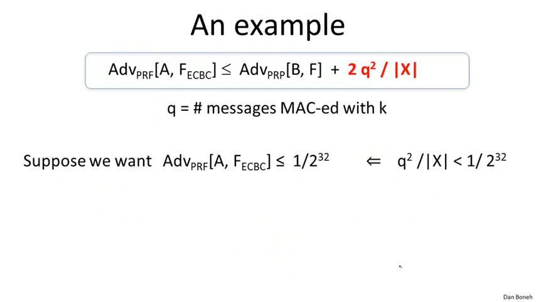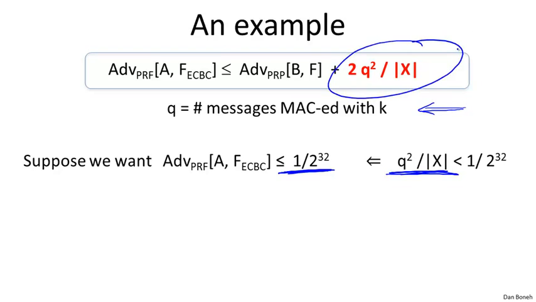And so here I stated the security theorem again for the CBC MAC. And Q here, again, is the number of messages that are MAC'd with a particular key. So suppose we want to ensure that for all adversaries, the adversary has an advantage less than 1 over 2 to the 32 in distinguishing the PRF from a truly random function. Suppose that's our goal. Well, by the security theorem, what that means is we need to ensure that Q squared over X is less than 1 over 2 to the 32.